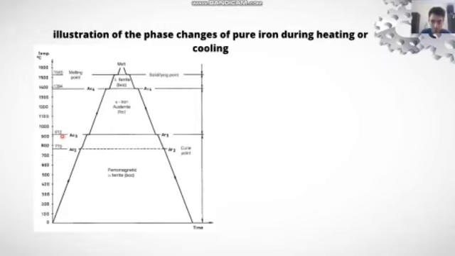The temperature holds steady during cooling until all the iron atoms are completely transformed into a BCC crystal lattice. This low temperature BCC phase of iron is referred to as alpha iron or alpha ferrite.